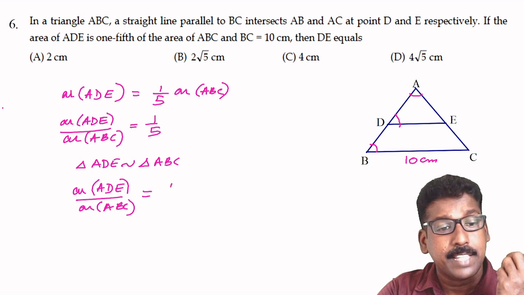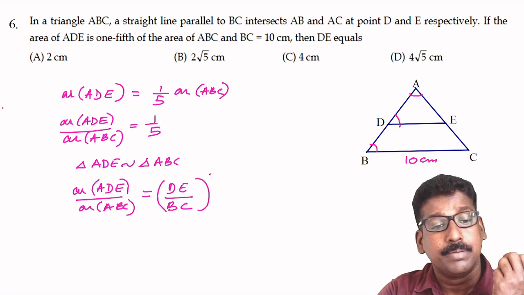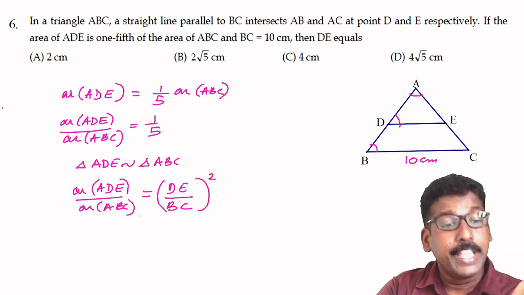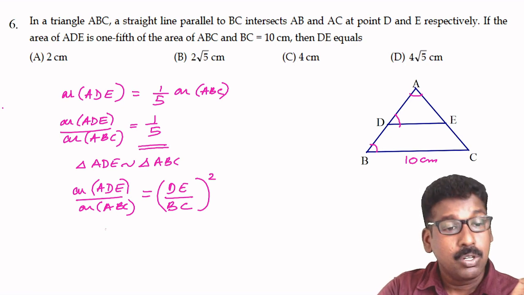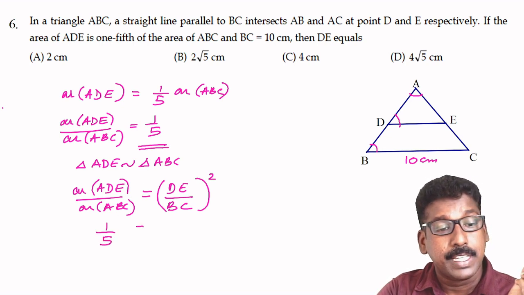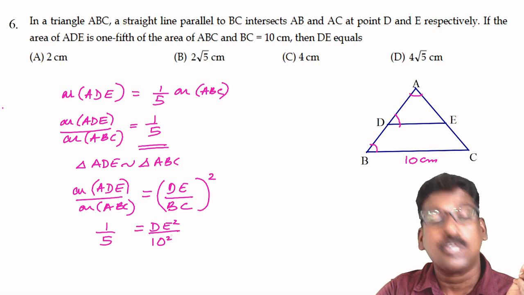Here we can take it as DE by BC whole square. Now you know that area of ADE by area of ABC is given as 1 by 5. So 1 by 5 is equal to DE square by BC square, BC is 10, so it is 10 square.